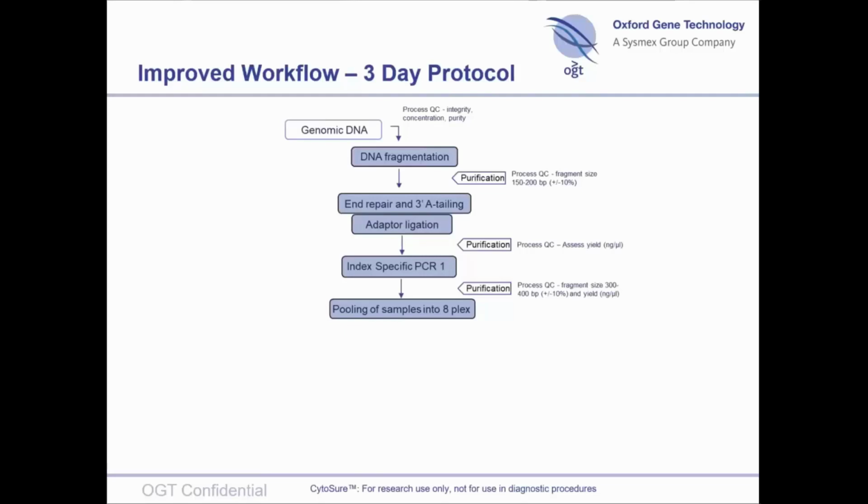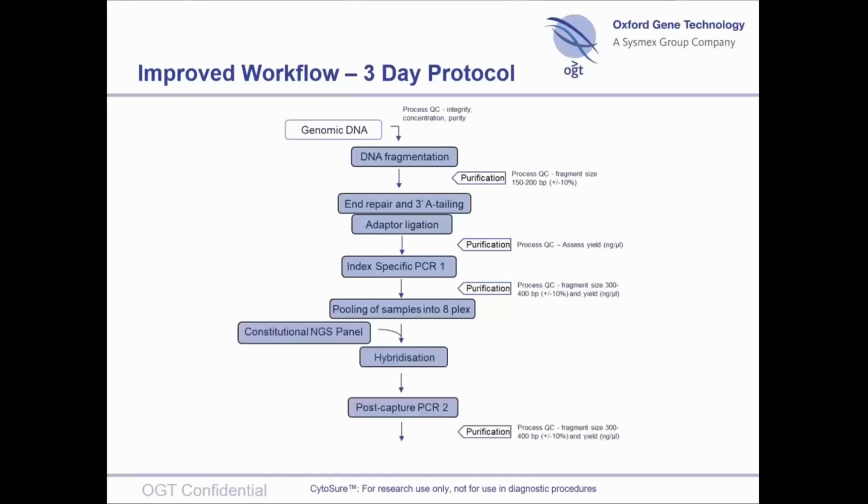For ease of use, it is possible to multi-channel a column of indexes per 8 samples from our indexing plate, ensuring that fewer mistakes are made. The 24 samples are then pooled into 8 prior to hybridization, dried down and then hybridized overnight, leaving you with 3 tubes to be captured, washed, PCR'd and ready for sequencing.